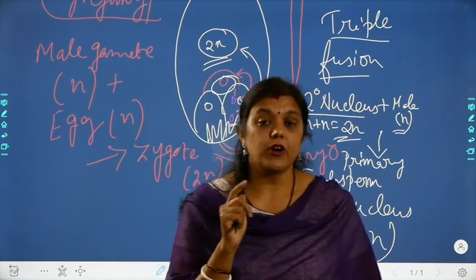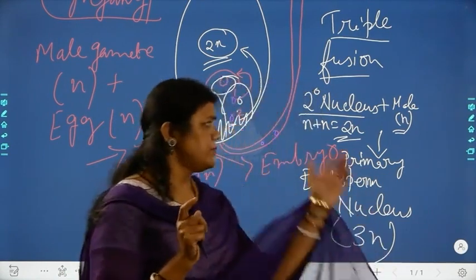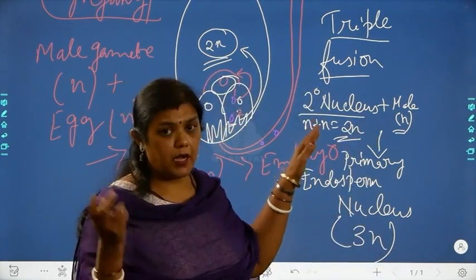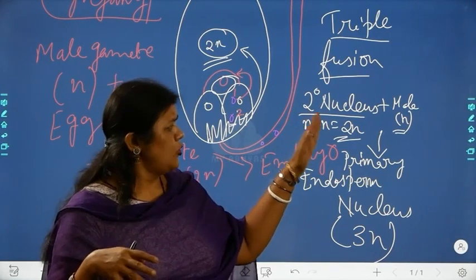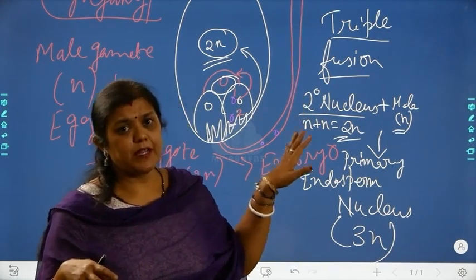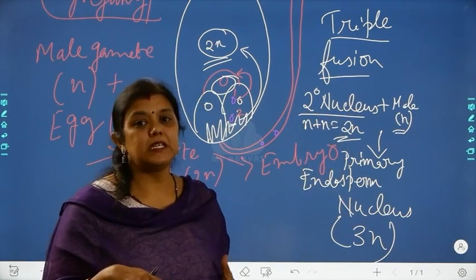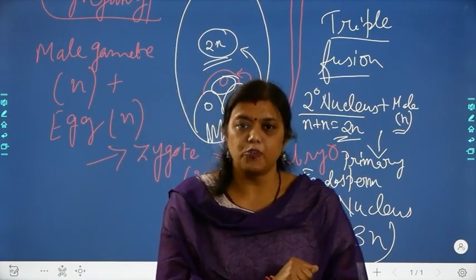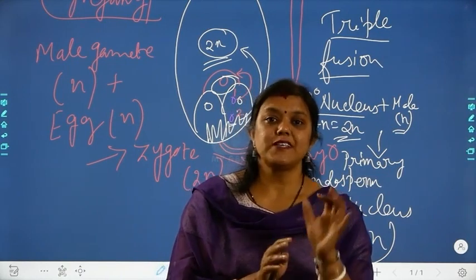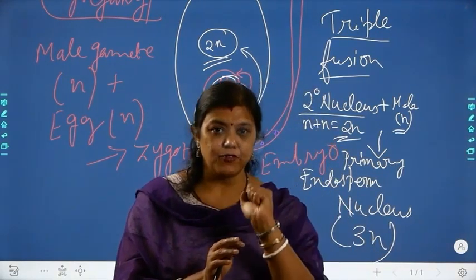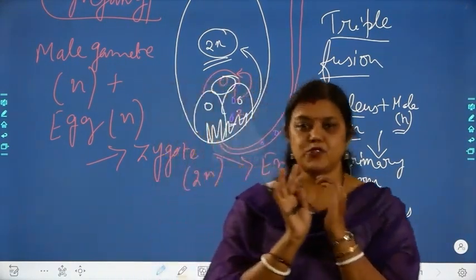And why do we call it triple fusion? Because when the male gamete combines with the polar nuclei, the ploidy changes to 3n, and the primary endosperm nucleus forms. Three cells are getting fused together, that is why it is called triple fusion.